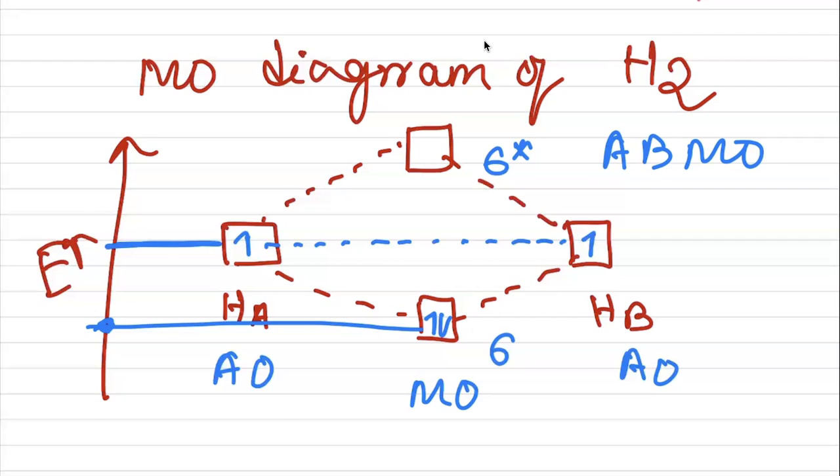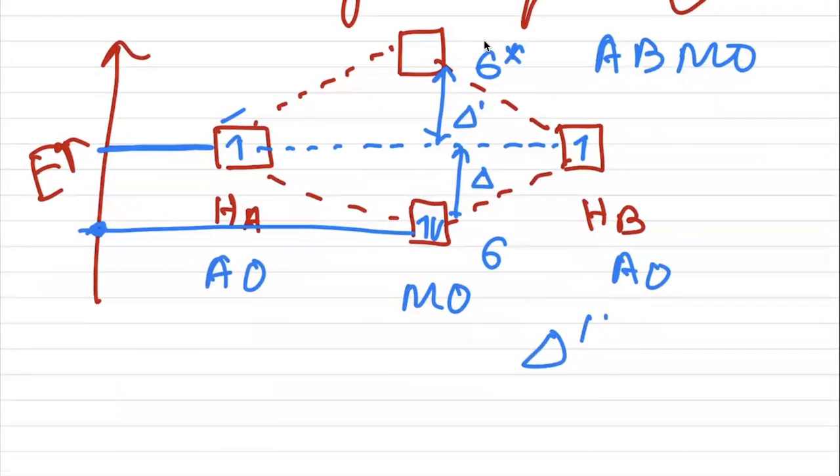Now if we see the energy difference, this is suppose delta dash, this energy difference is delta. That means the energy difference between atomic orbital and antibonding MO, and the energy difference between atomic orbital and bonding MO. So always delta dash is greater than delta. That means the energy difference between atomic orbital and antibonding MO is more than the energy difference between atomic orbital and bonding molecular orbital. This portion is clear?